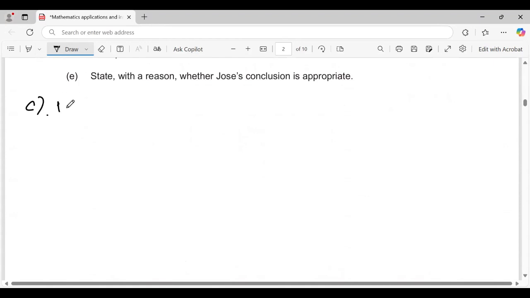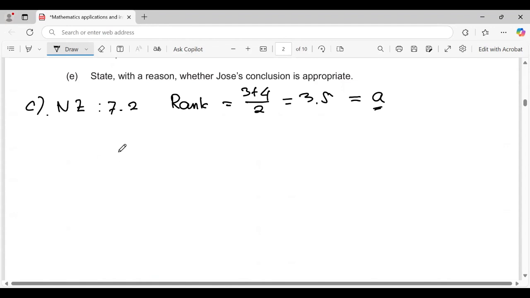The New Zealand happiness score is 7.2, and it ranks equal 3 plus 4 over 2, and equal 3.5. So it means A equals 3.5.